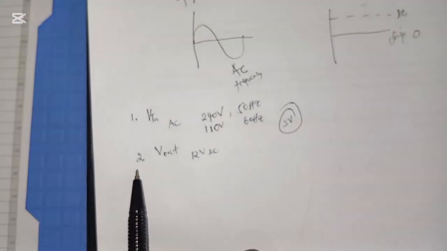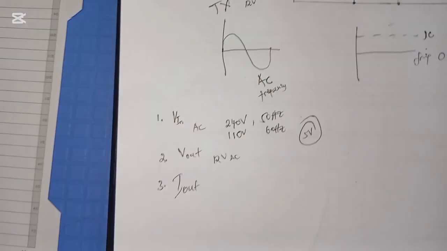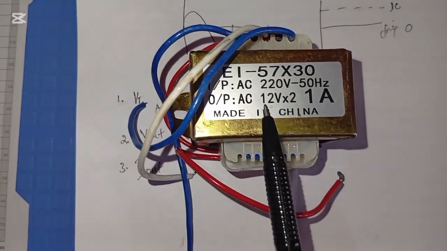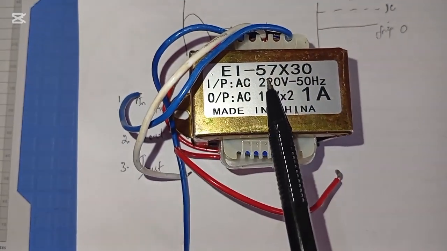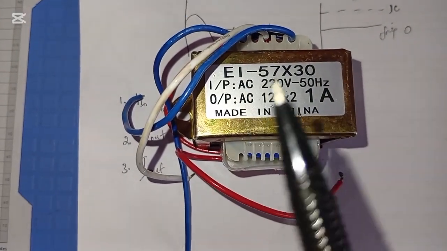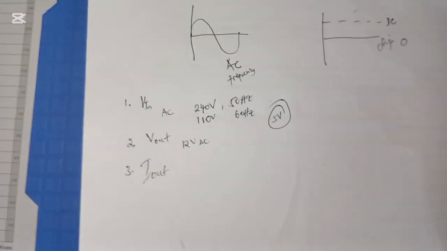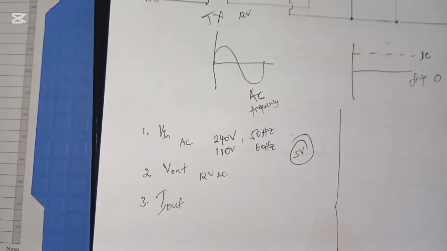After knowing the output voltage, number three, you need to know the current. What is the current of that transformer? In this case, you can see here: the input voltage is 220, 50 hertz, 12 volt, 1 amp. So the current for this transformer is 1 ampere, which is what you will get at the output of that transformer.